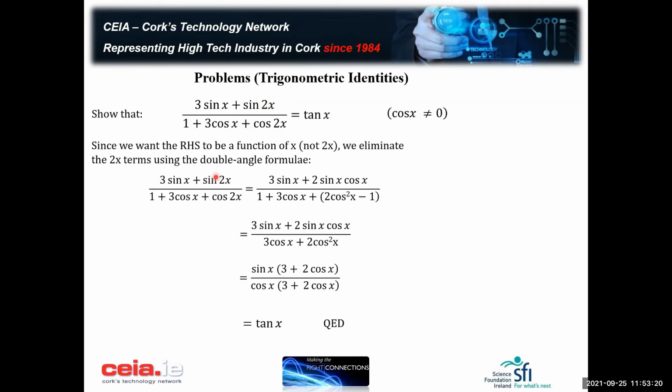So we replace the sine 2x with 2 sine x cosine x, and replace the cos 2x. Now, remember, there are various ways of expressing the cos of 2a. We would like to have all sines on the top and all cosines on the bottom in order to have a chance of ending up with a tan. So we use the version of cos 2x that only has cosines in it.